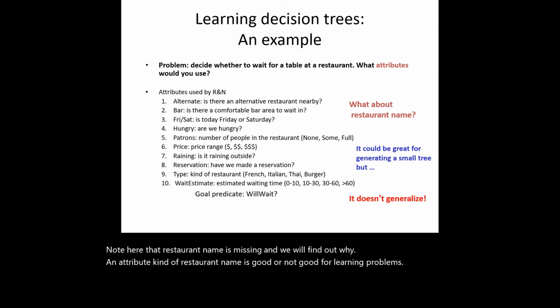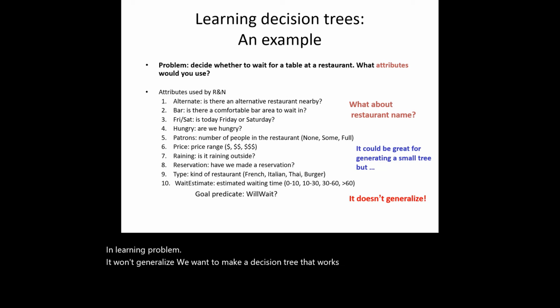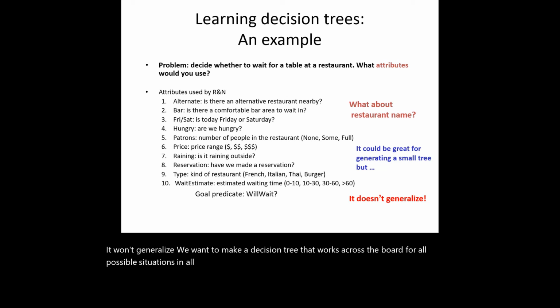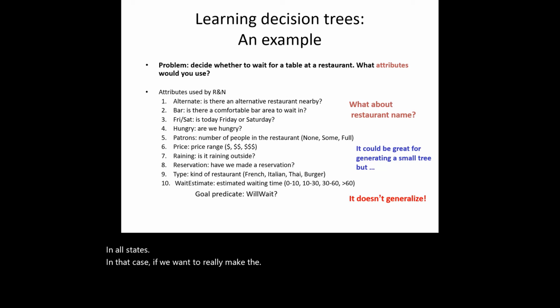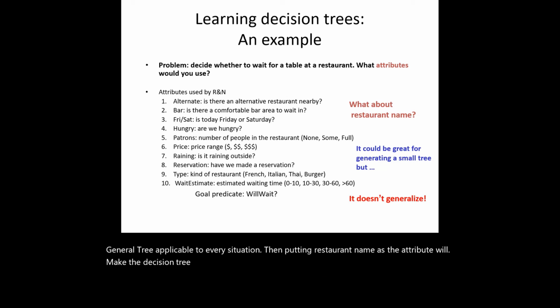First hint is that if we include restaurant name in the learning problem, it won't generalize well. We want to make a decision tree that works across the board for all possible situations in all cities, in all states. In that case, if we want to really make the general tree applicable to every situation, then putting restaurant name as the attribute will make the decision tree maybe shorter, but naive, not generalizable.